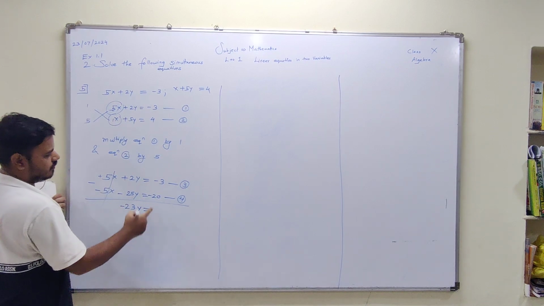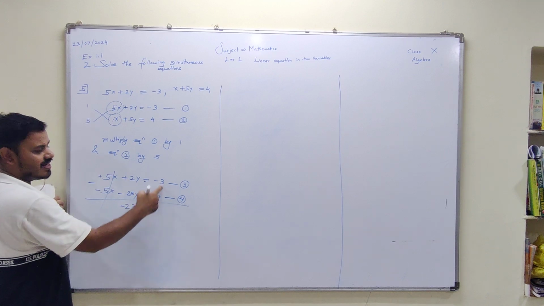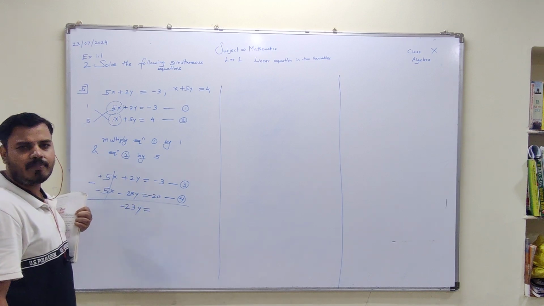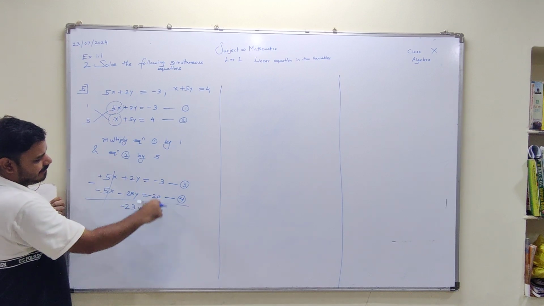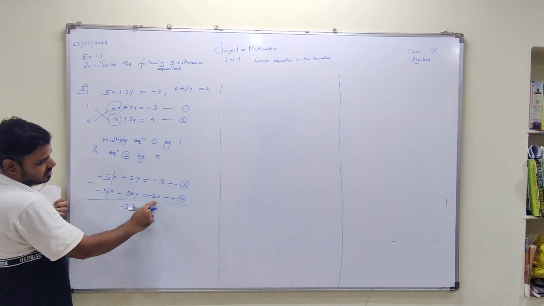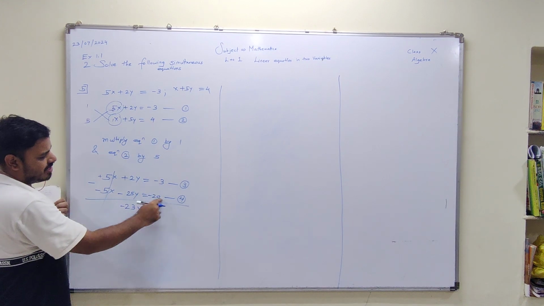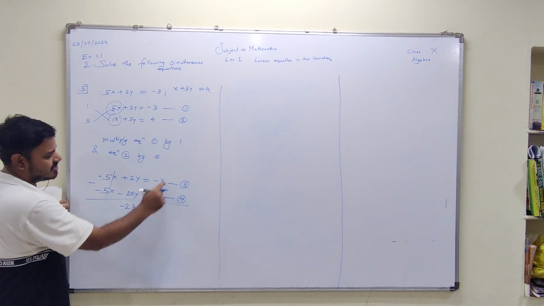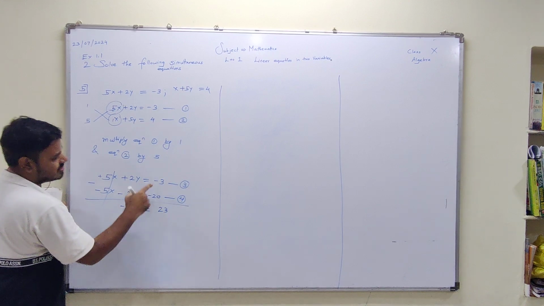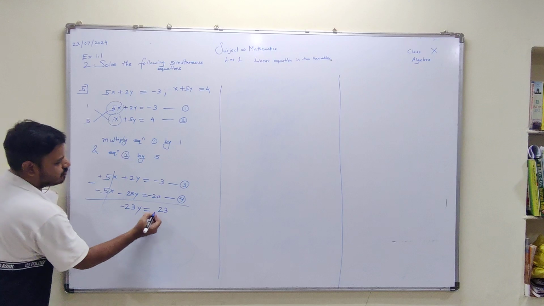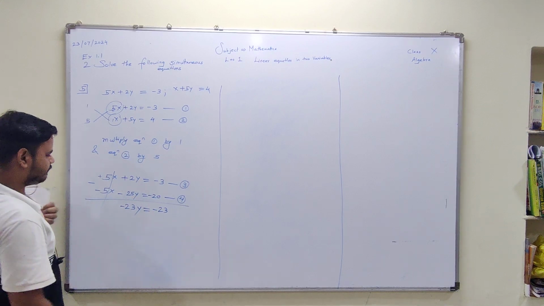23y is equal to... same signs, addition, and give the sign of the common number. Here 20 carries a negative sign and 3 carries a negative sign, so we add them: 20 plus 3 is 23, and the common sign is minus.